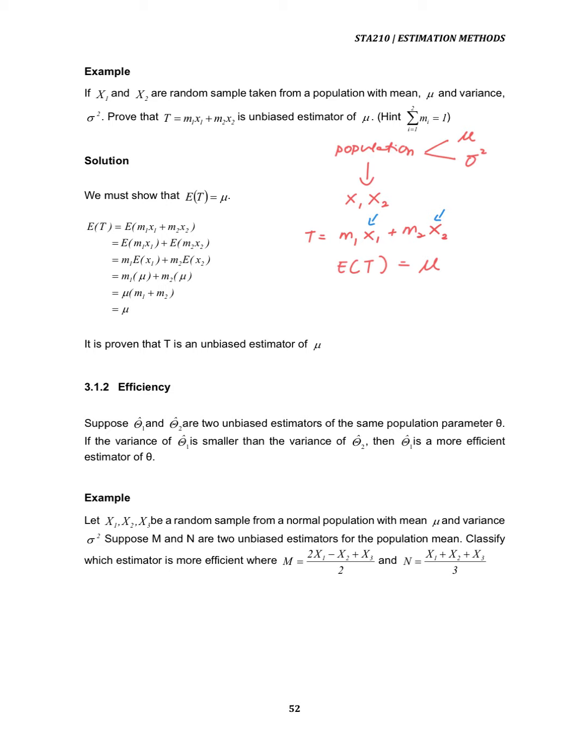Okay, yang mana M dia bagi equation dia adalah (2x1 minus x2 plus x3) over 2 and N equals to (x1 plus x2 plus x3) over 3. Okay, ingat ya, X ni kita ambil daripada normal population yang mana mean dia mu, variance dia sigma square. So, macam mana kita nak tahu antara M dengan N ni mana lagi efficient? Kita akan check dia punya variance.